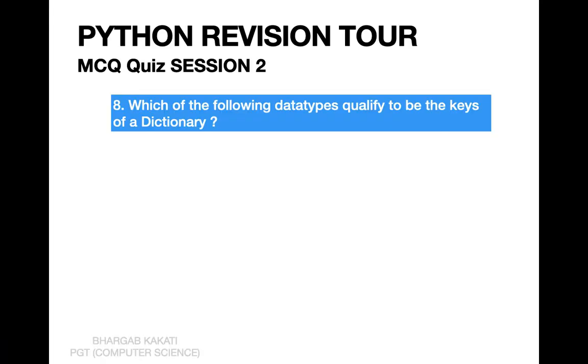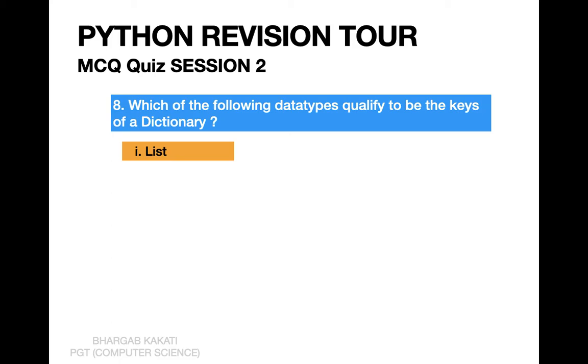Which of the following data types qualify to be the keys of a dictionary? I hope you already know from your class 11 concepts that a dictionary is a Python object in which the data are stored in the form of key to value pairs. I'll give you some data types. You have to choose which of these data types qualify to be the keys of a dictionary.